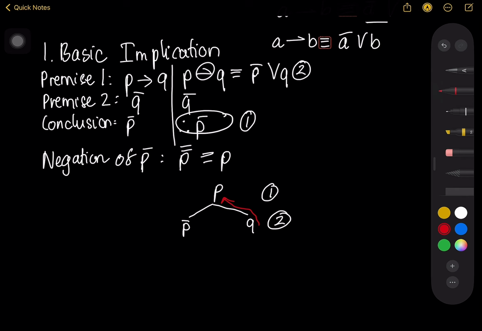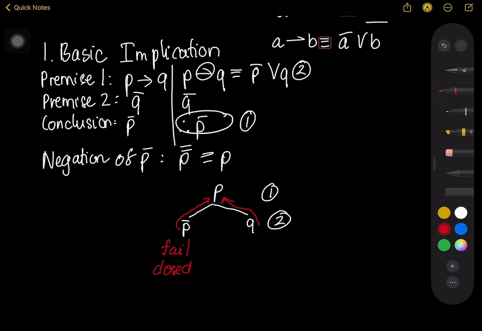But when you see not P and then up to P, there is a contradiction, because this branch over here contains both the statement, the conclusion, and the negation of the conclusion. So we're going to say this branch fails. Therefore, this branch is closed because there is a contradiction in here.